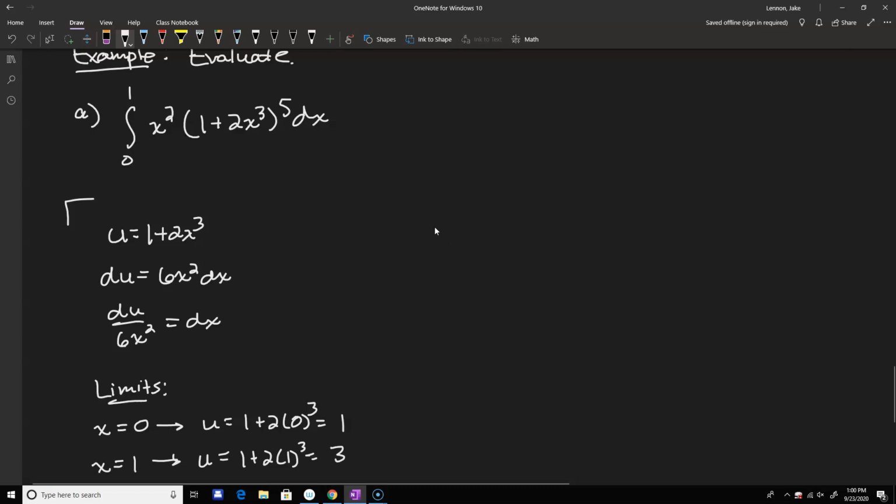So now our integral really looks like the integral from 1 to 3 of x squared times u to the 5th times du over 6x squared.